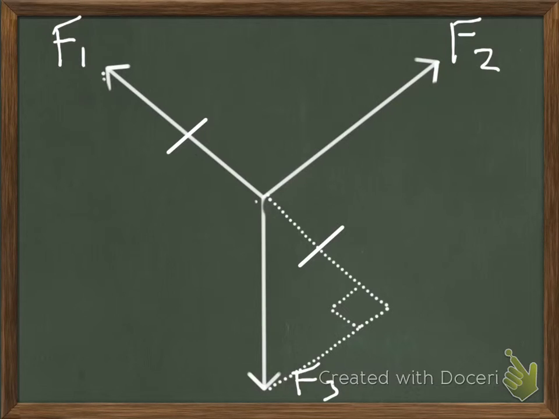F1 is exactly opposite of this component here, and that component of F3 is exactly opposite of F2. If you don't see that, then we could draw our components like this, so you can see them both ways. This is exactly in the opposite direction as the other one.